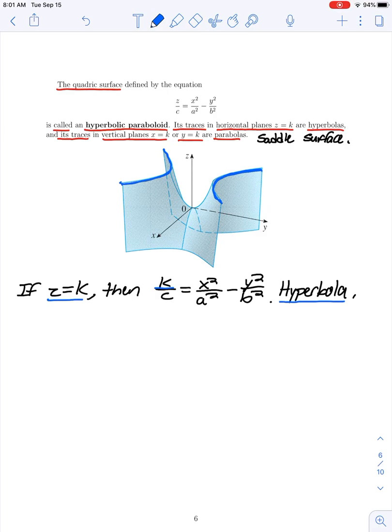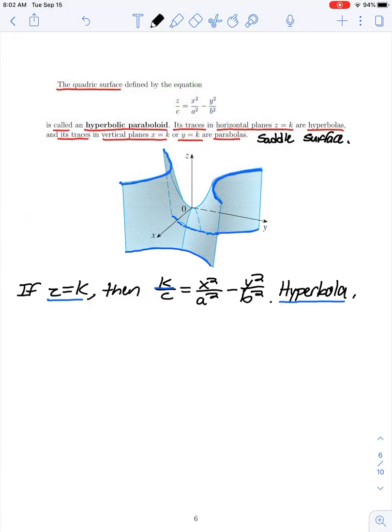Whereas if k becomes negative, so if we cross below the xy plane, then the direction of our hyperbola would change. It would be opening along a different axis as opposed to the hyperbolas above that xy plane.